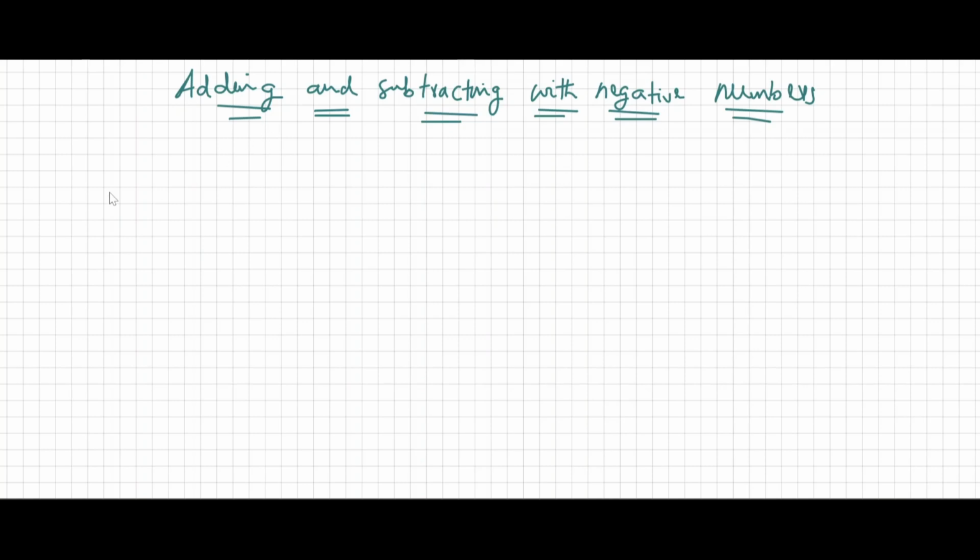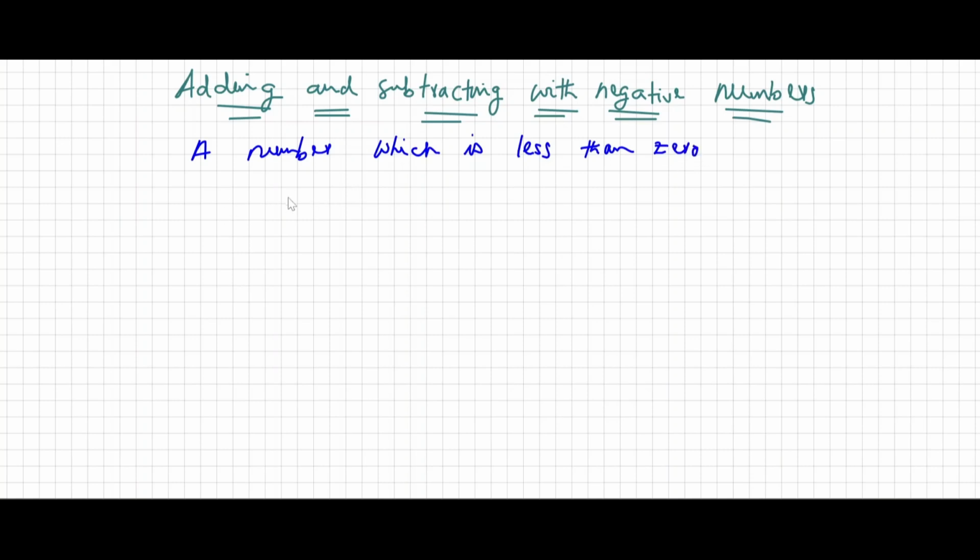So basically we have two things now. So in our mind now, first of all, what are negative numbers? A negative number is a number which is less than 0.